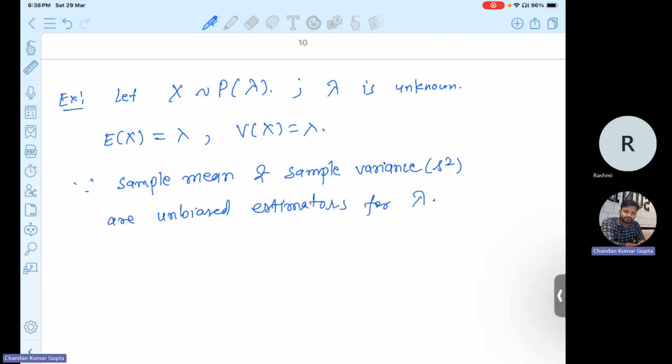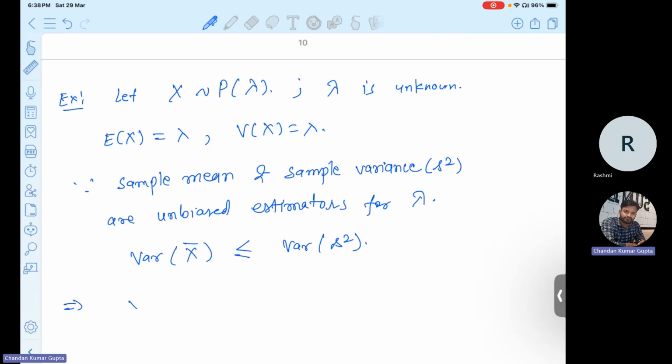But when we calculate the variance, we find that the variance of x bar is less than, and sometimes equal to, the variance of s square.